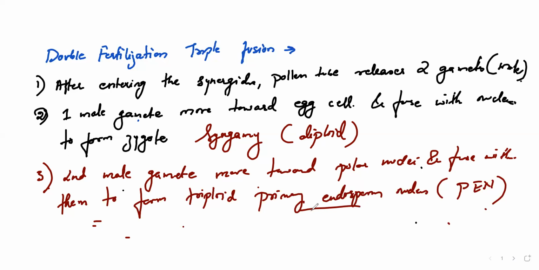And triple fusion means, in the primary endosperm nucleus, how many nuclei will be present? Two, because in the central cell of the embryo sac, two nuclei will be present. So there two we have, and one in the egg cell. So 1 plus 2 is equal to 3. Hence it's called triple fusion.